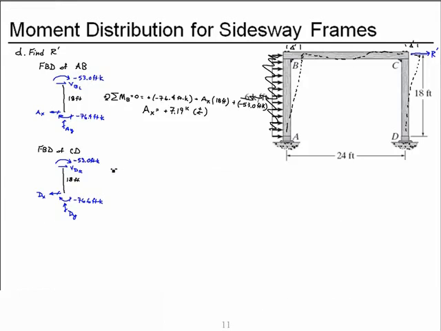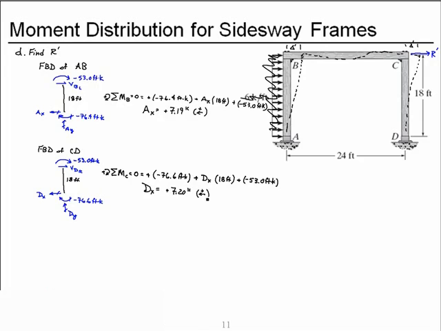So we sum moments about point C, choosing clockwise as positive: a positive contribution but a negative 76.6 foot kip magnitude at D, plus a positive contribution from the horizontal reaction at D, and a positive contribution but negative magnitude from the moment at B, the moment at C. So we find Dx is a positive 7.20 kips to the right.